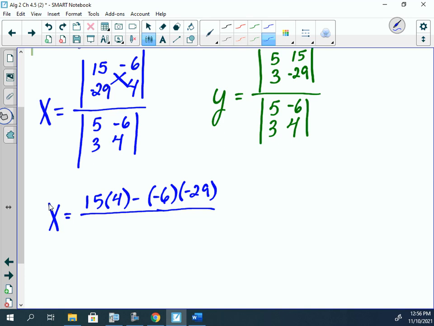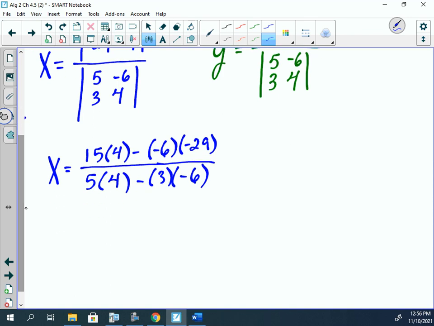For the denominator, we'll do the same thing: 5 times 4 minus 3 times negative 6. At this point, if you wanted to type all that into the calculator, you can, and it would give you an answer.